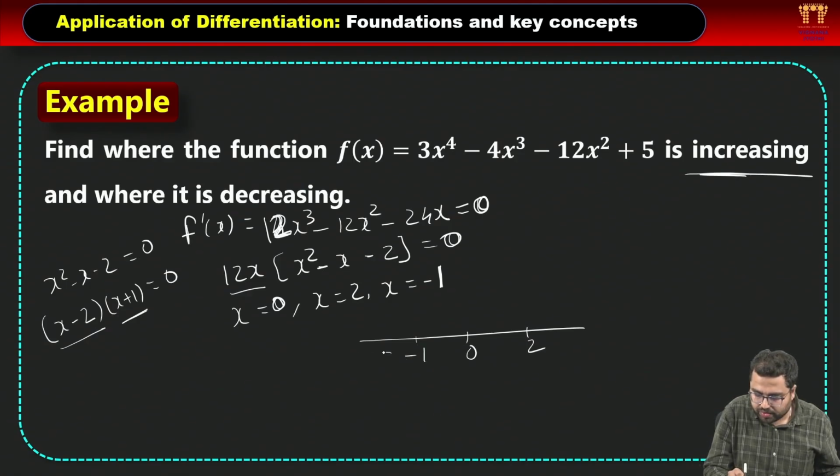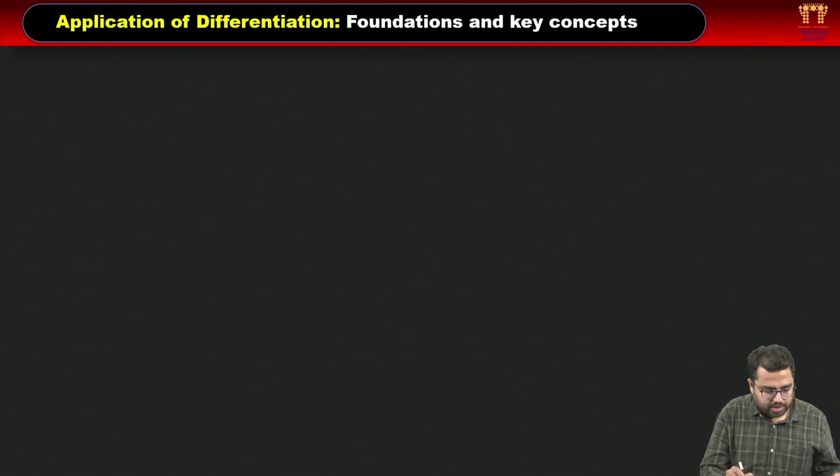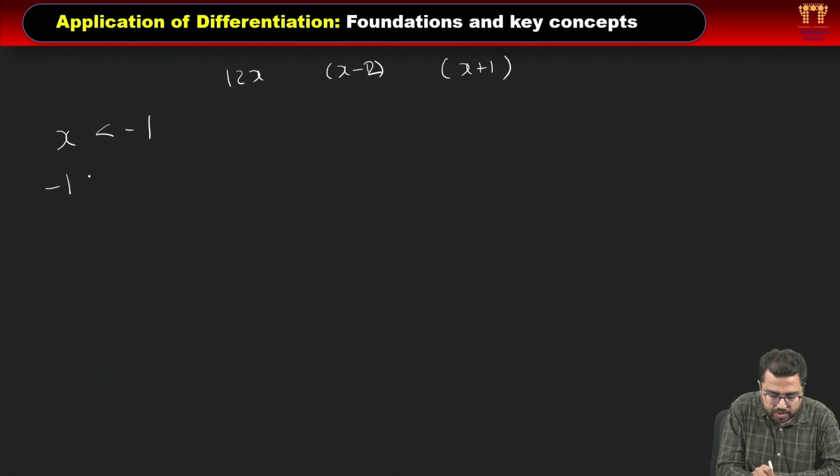First of all, you have to check this interval x less than minus 1, then in between, then after. So the first interval is x less than minus 1, then minus 1 less than x less than 0, then 0 less than x less than 2, then x greater than 2.